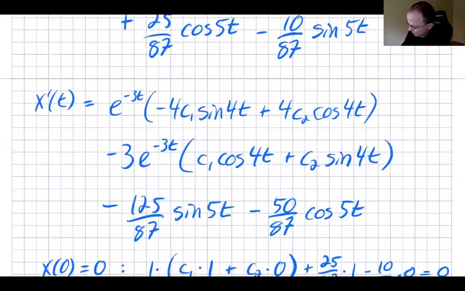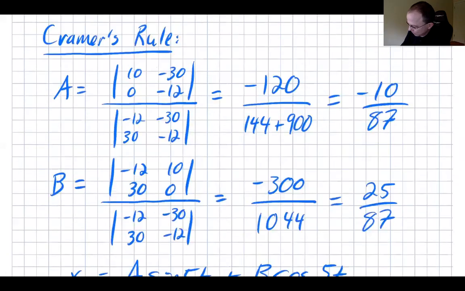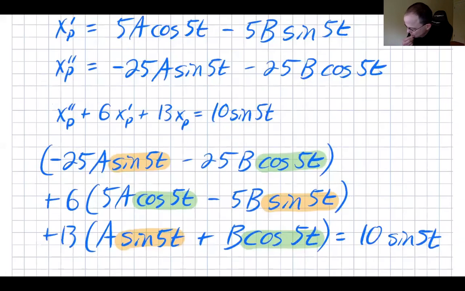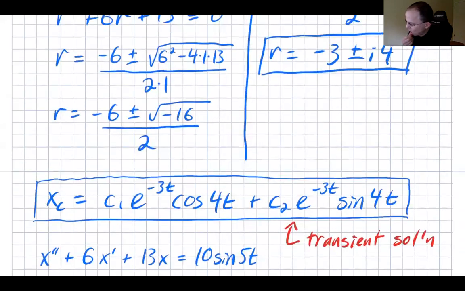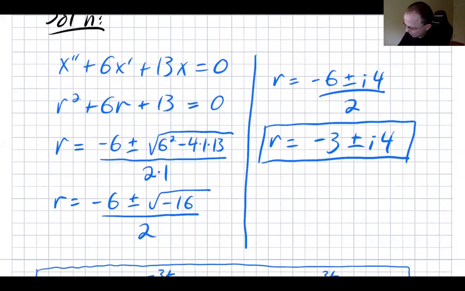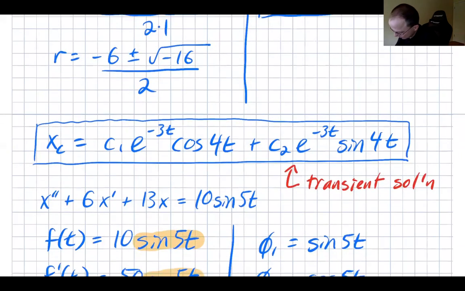I thought everything was okay. Let me just double check. Ah, I did make a terrible mistake. Oh my goodness. This 4 should have been a 2. Wow, that's going to change quite a few things.